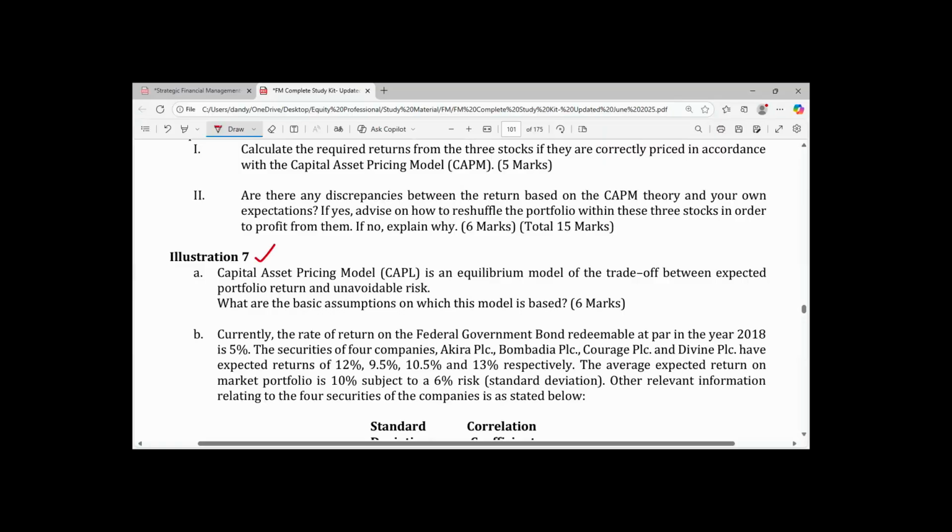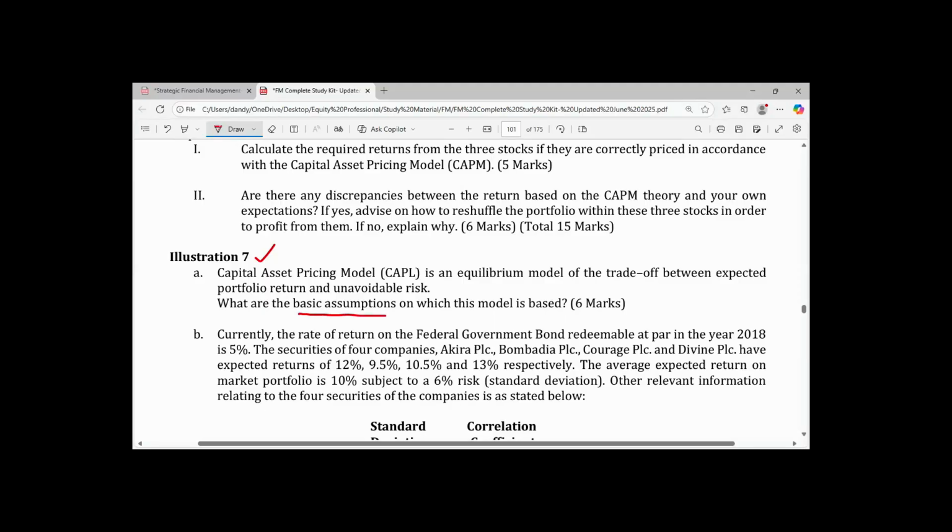In illustration number 7, you are told that the capital asset pricing model is an equilibrium model of the trade-off between expected portfolio return and unavoidable risk. What are the basic assumptions on which this model is based? The examiner is asking you, what are the underlying assumptions of the capital asset pricing model? Remember, one of the assumptions is that investors are risk averse.